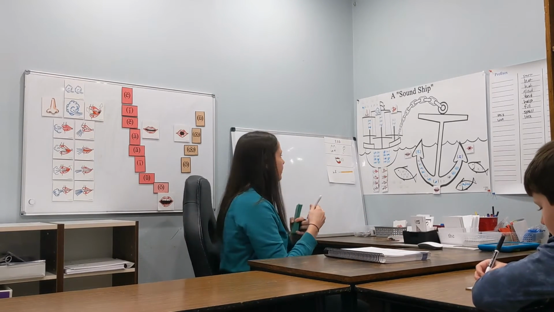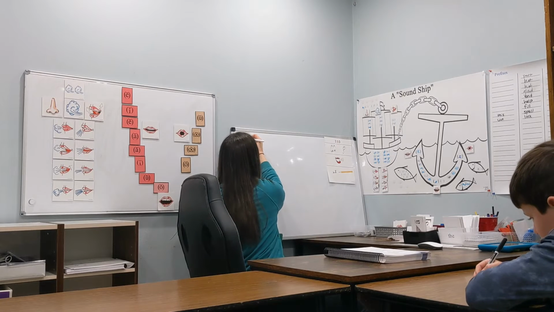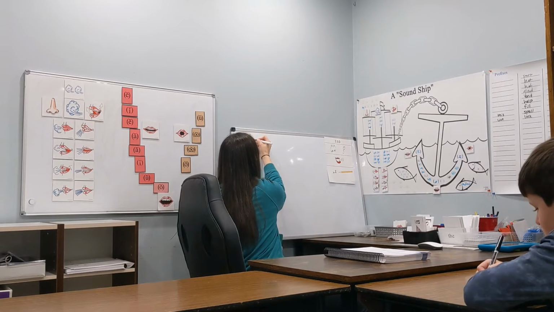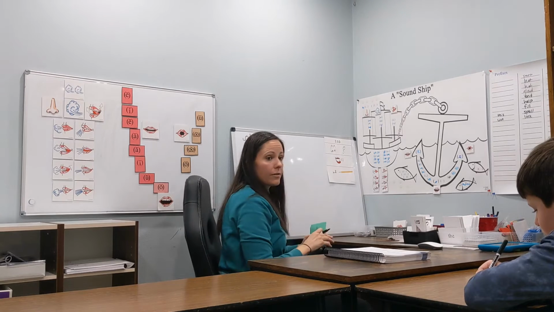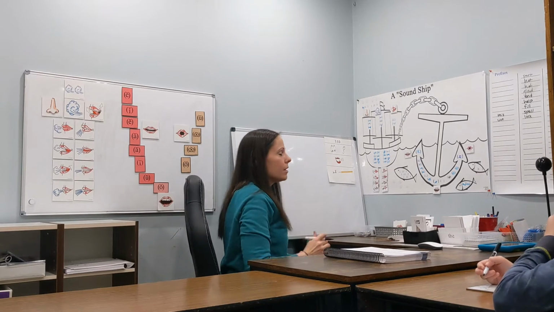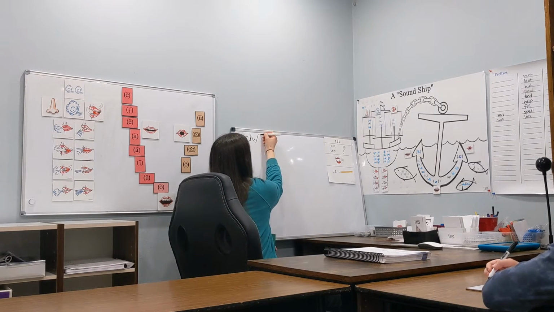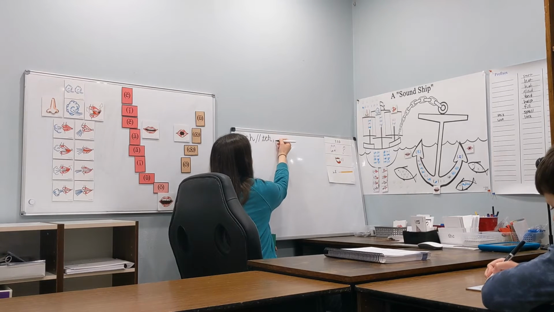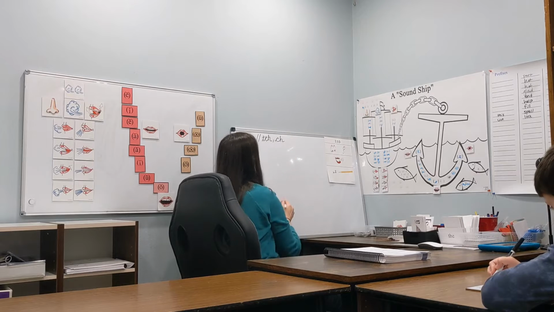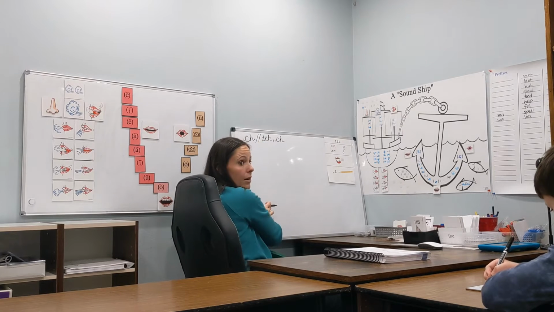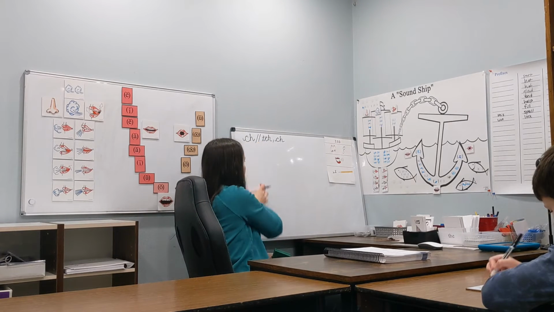Ch. So that would be digraph CH at the beginning, and then at the end it could be trigraph TCH or digraph CH. And remember, after you've done that, you go down in a row.